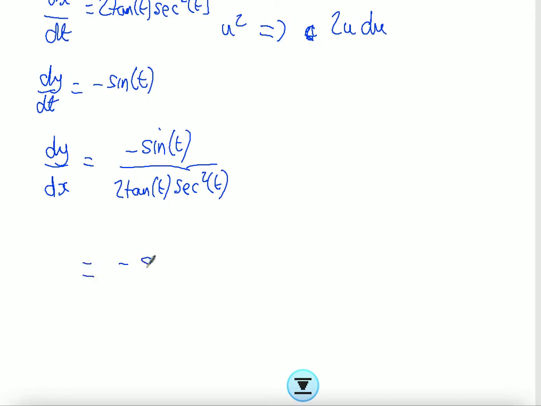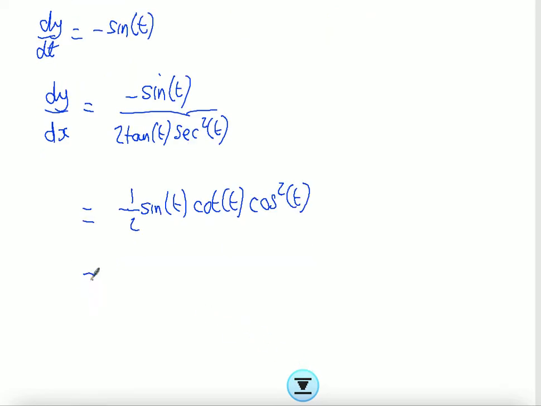So we've got negative sine t, let's take that half, cot t, and then 1 over sec squared is cos squared t. It's a little bit tidier, but we can still tidy it up even further.